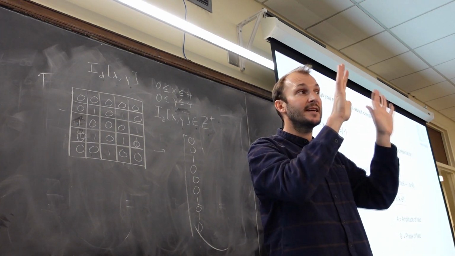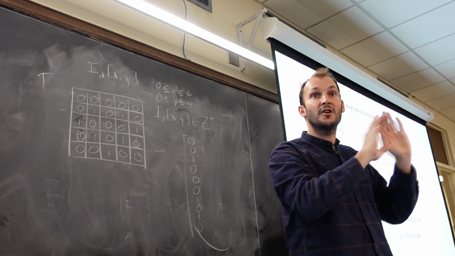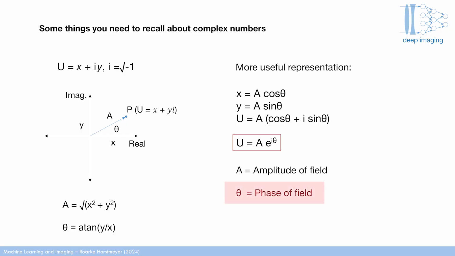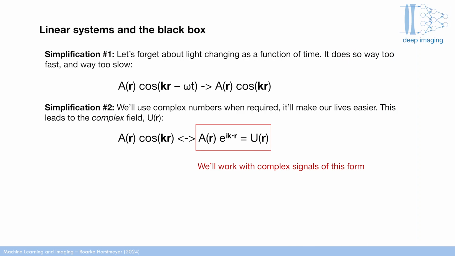And then if you need to account for the wave-like nature of that radiation, each pixel also has a phase, right? This value theta, which defines where the wave is in its oscillation at that plane. And we'll return to this again later, but we'll still be writing this term u of r, right? Radiation as a function of space, r being anywhere in space, where we now just know it's a complex number.